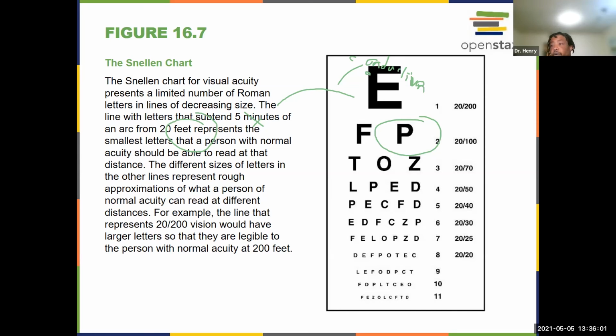By doing these types of tests, we get an idea of how good a person's vision is. We also get an idea of their depth perception, but not their field of view, though.